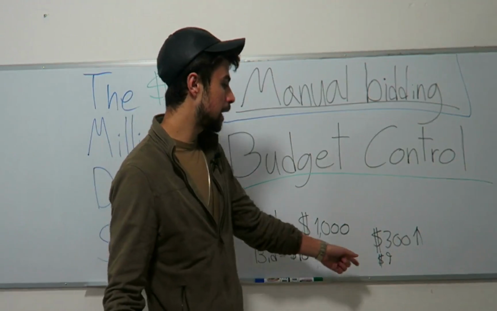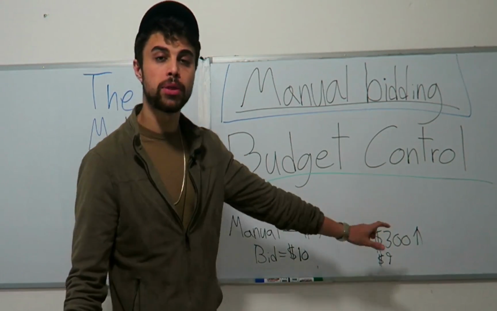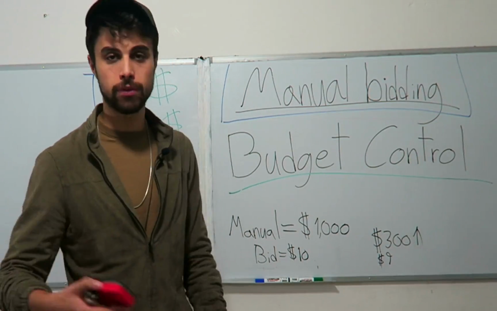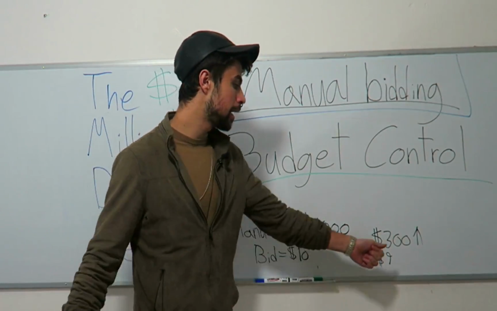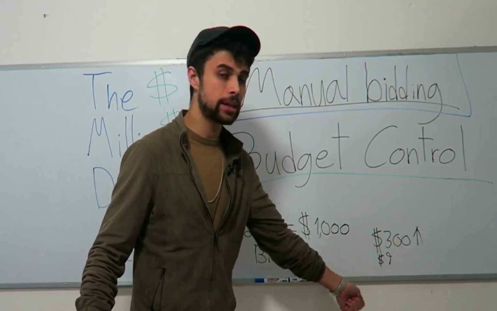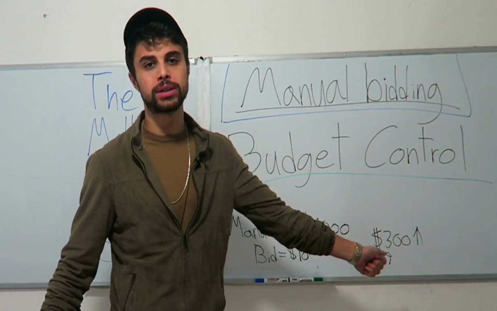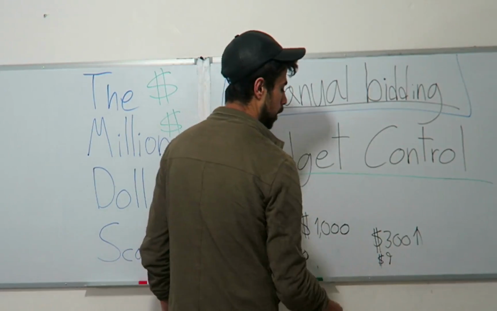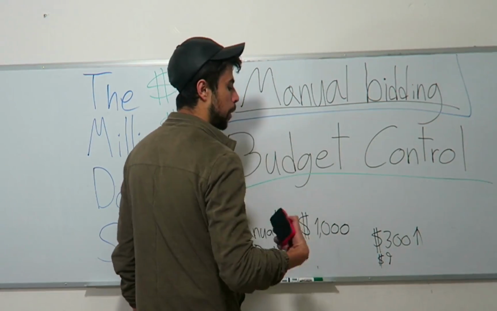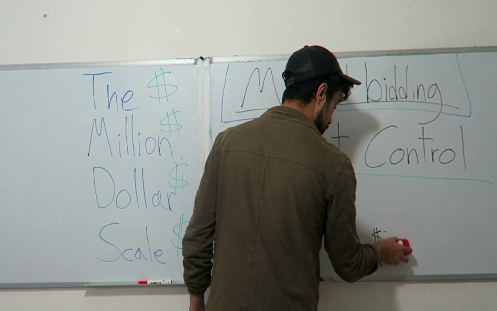Because if I keep it like that, Facebook won't spend more than around $300. Of course, it's different from day to day. Sometimes it might spend $150, sometimes it might spend $400, as long as it doesn't find anything over $10 or too much over $10. So let's say I'm not satisfied with this number, and I don't mind spending more money to get more purchases.